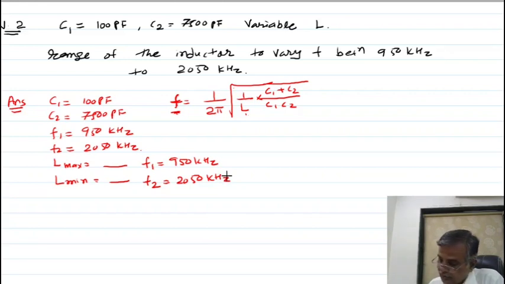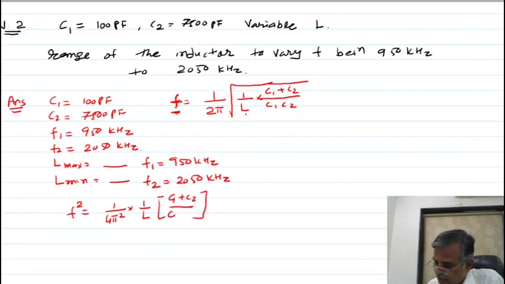So here you can do it yourself, and I am putting F square is equal to 1 upon 4 pi square into 1 upon L into (C1 plus C2) upon C1 C2. So L maximum is equal to 1 upon 4 pi square F1 square into (C1 plus C2 upon C1 C2).